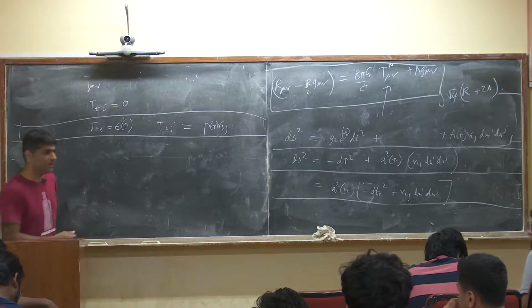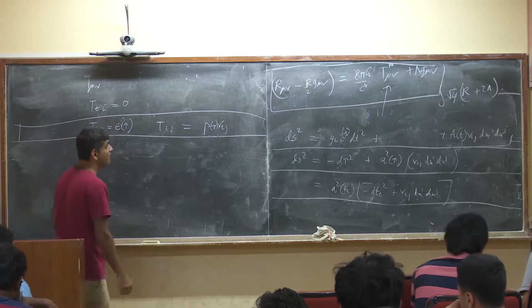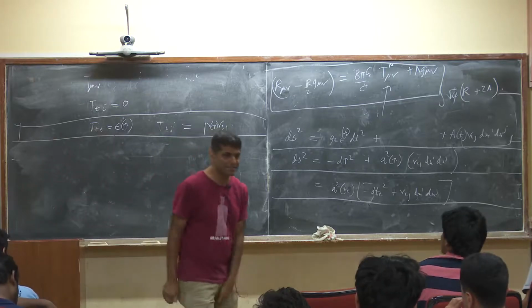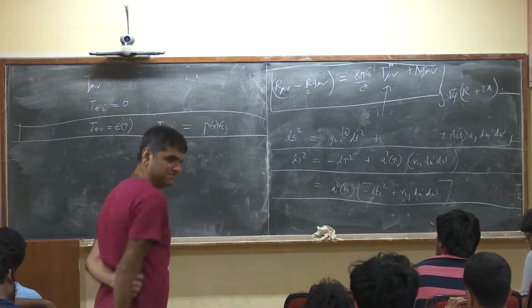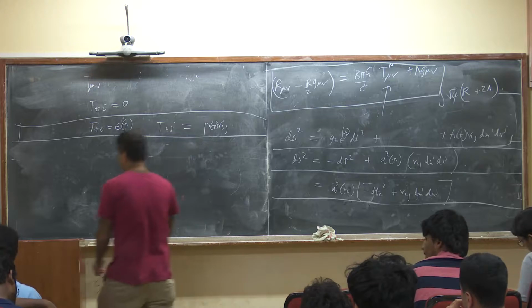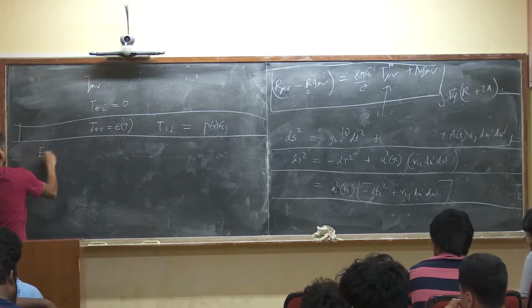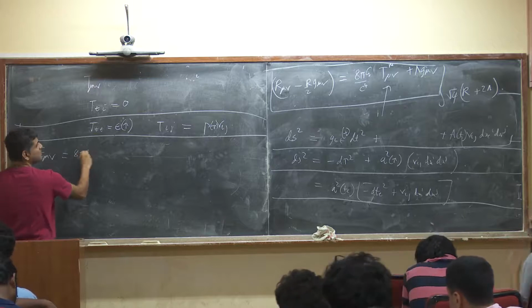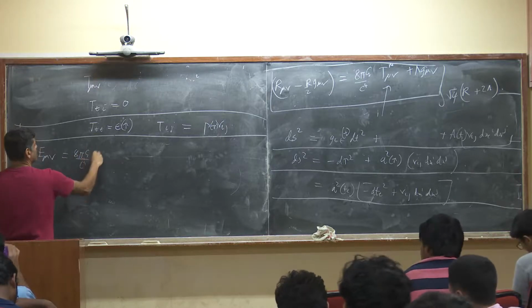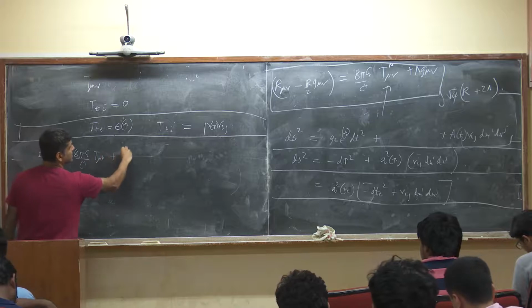So what we want to do is to set up the equations of cosmology, which are Einstein's equations. So first, let's try to see which equations are going to be non-trivial. Okay, so we've got Einstein's equations: E mu nu is equal to 8 pi G over c to the 4 times T mu nu plus lambda g mu nu.